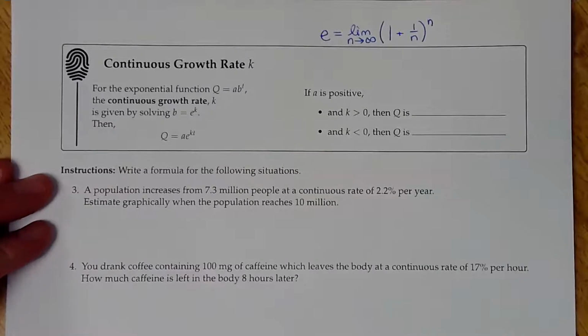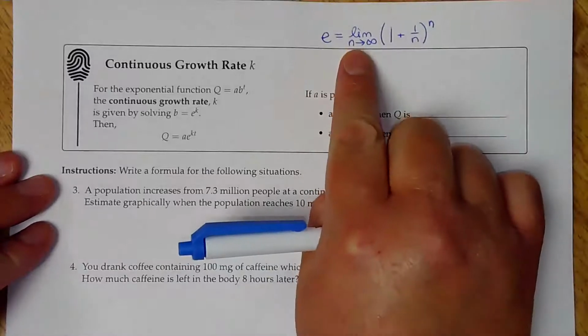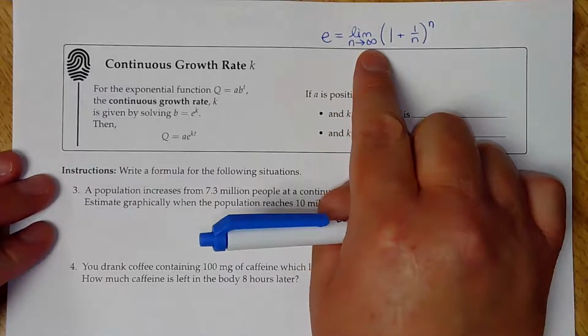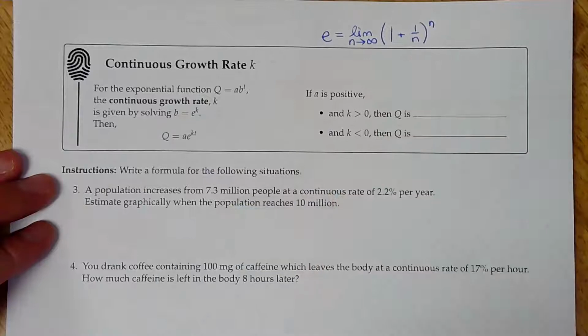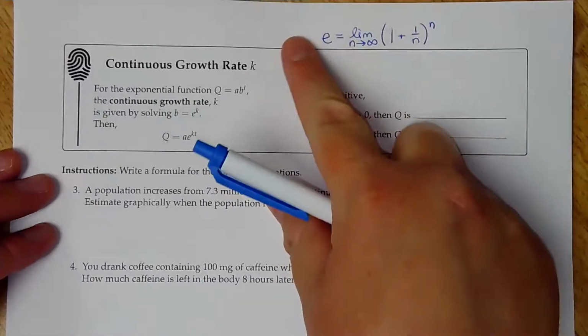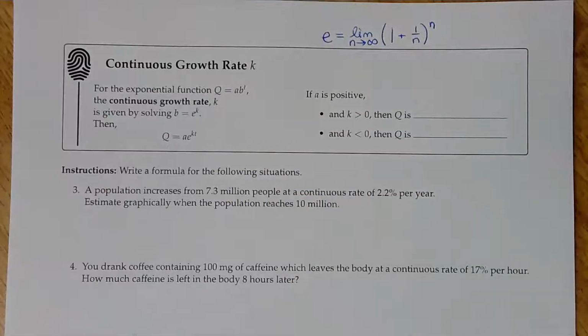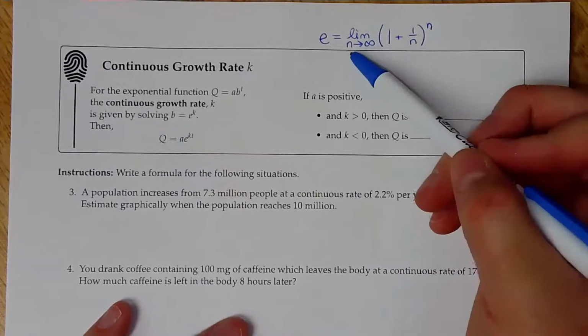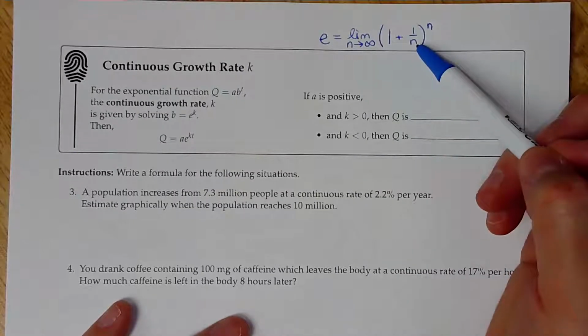Okay, so in the previous video, we looked at e and how e is the limit as n goes to infinity of (1 + 1/n)^n. It's not super important to be able to understand this thoroughly. But what I want to get at here is that as n goes to infinity, n is getting really big.